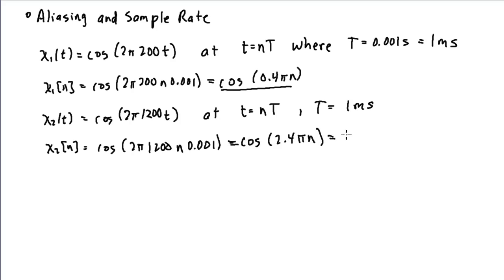This is identical to cosine of 0.4 pi n. Okay. So here I've got a case where I've got two continuous time signals that are obviously different in the continuous time domain, but after sampling them, they're indistinguishable. The sequences are indistinguishable.